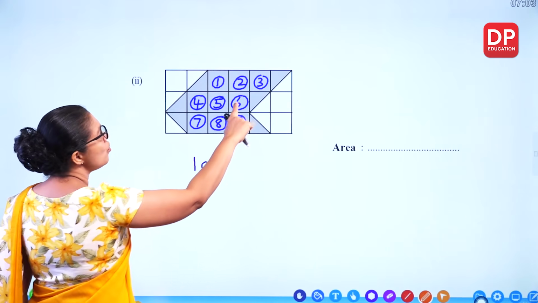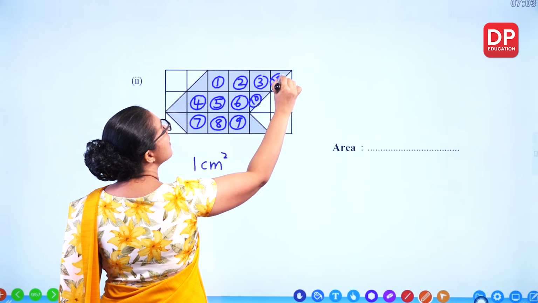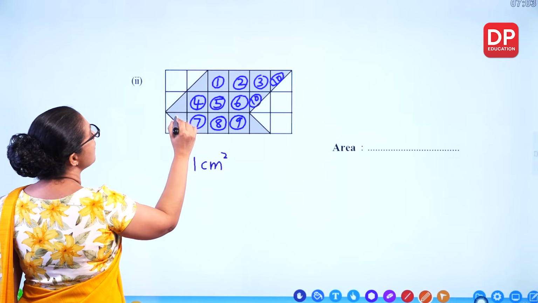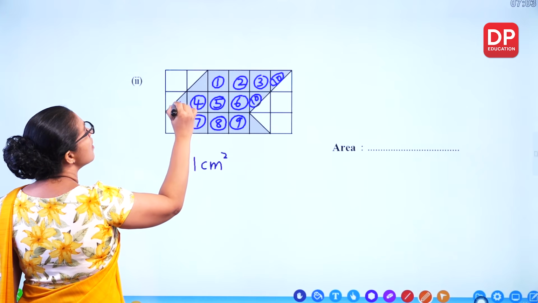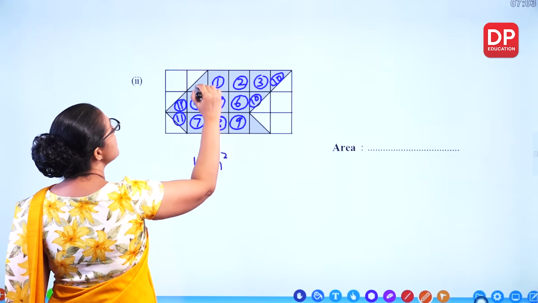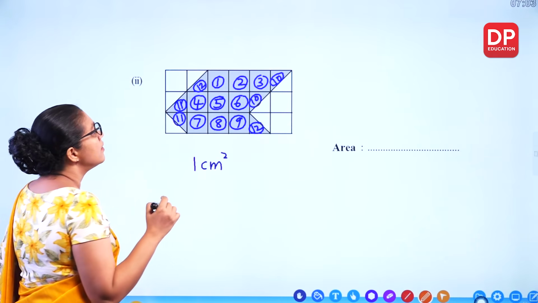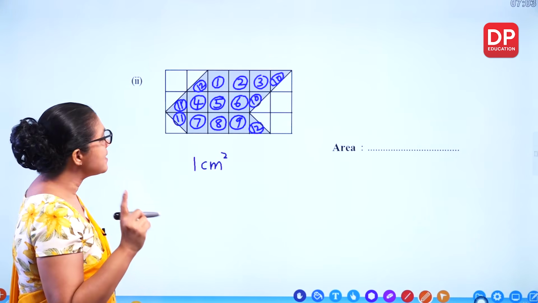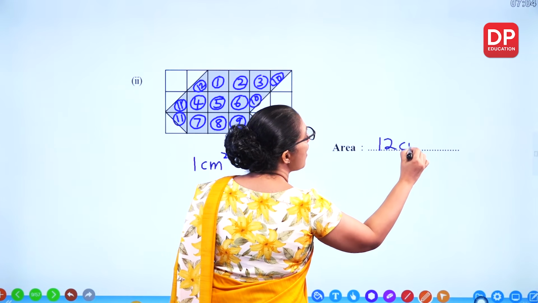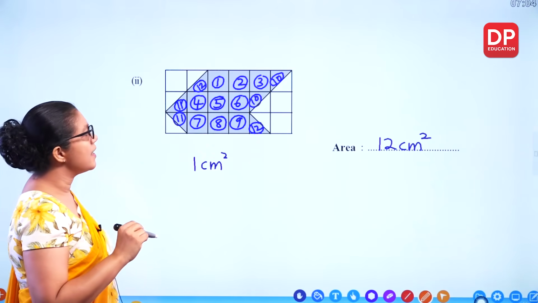And these two, we can say 10. And these two, 11, half and half. And then these two we can take as 12. So how many squares are there? 12 squares. So what's the area? We can say 12 square centimeters is the area of the shaded part.